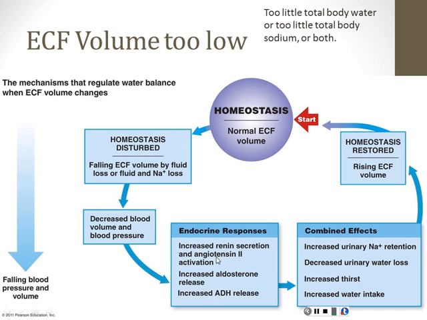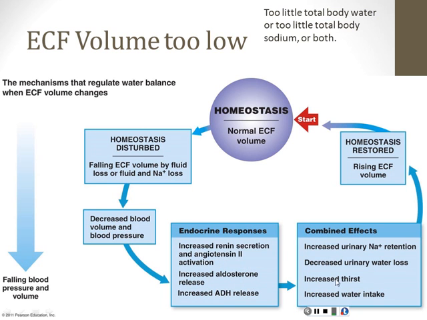Angiotensin 2 is created in the lungs by the ACE enzyme. And then angiotensin 2 does all kinds of things, one of which is to increase blood pressure by increasing total peripheral resistance. Another is to trigger the release of aldosterone and ADH. So when the plasma volume is too low, blood pressure is too low, and the result is to hold on to as much water as possible.